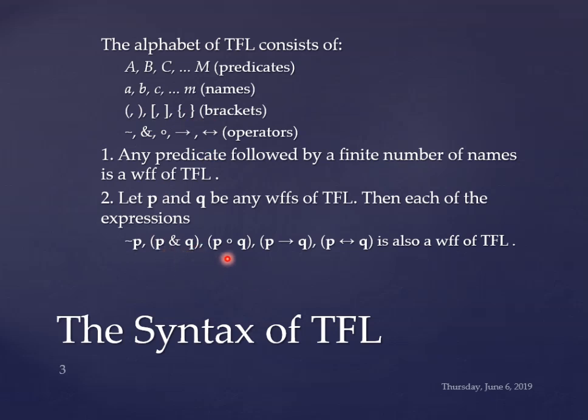Or you have P ring Q in parentheses, P arrow Q in brackets, and then P double arrow Q in brackets. Those can be well-formed formulas as well. And then nothing else is a formula. So this is your recursive definition. You have to consult this when you're being asked questions about what's well-formed and what isn't in TFL.